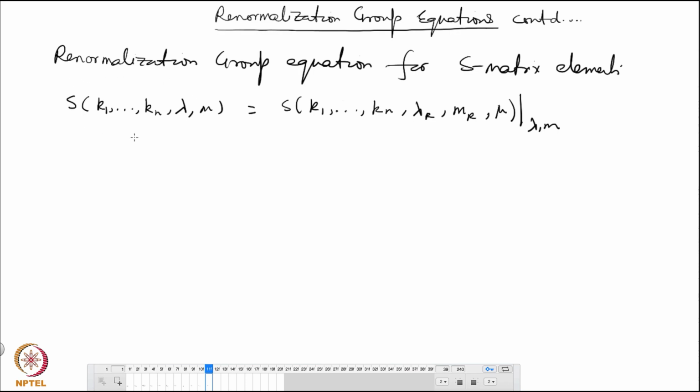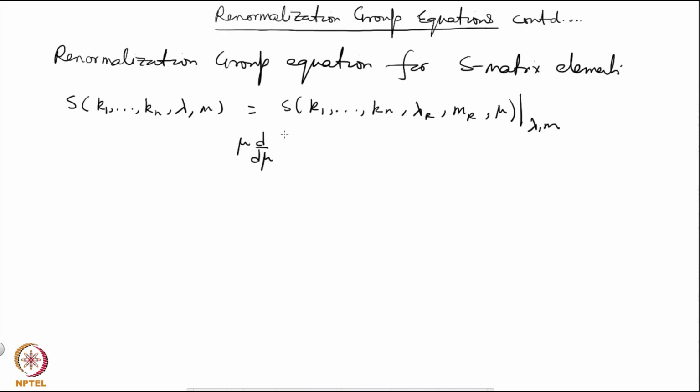So the left hand side, because this is independent of mu, there is no mu here because everything is in terms of bare parameters, mu d/d mu of S is 0. Instead of writing k_1 to k_n, I will just write k_i.